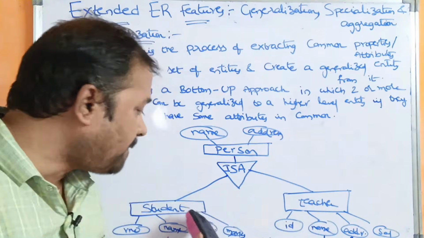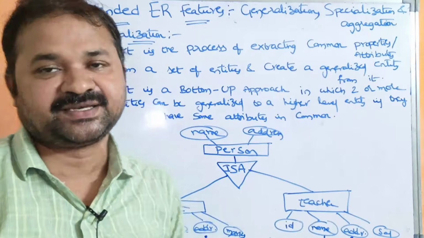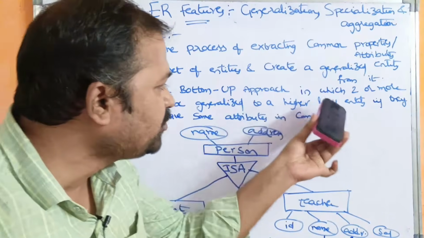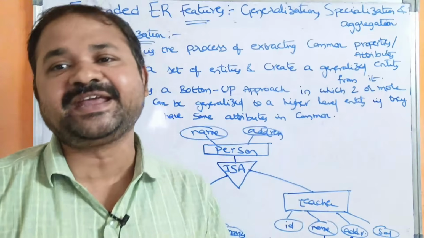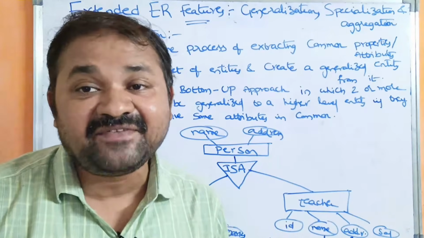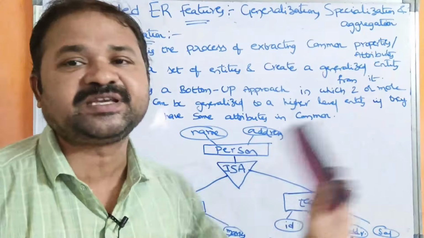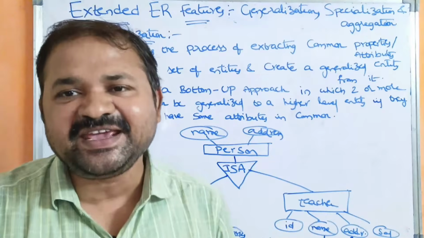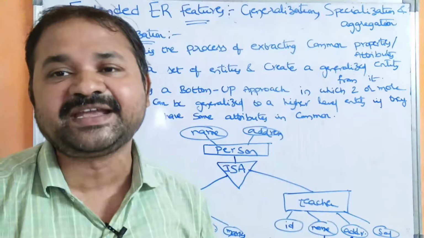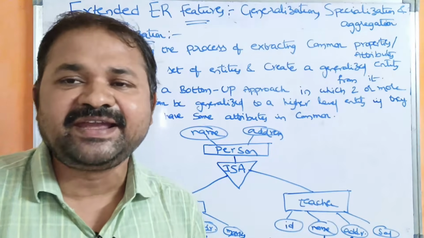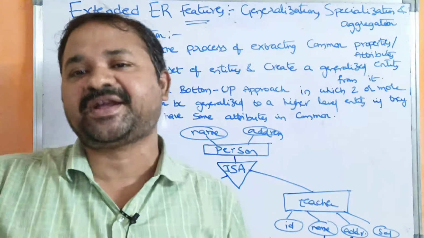Here we can combine two or more entities to a higher level entity if they have some attributes in common. So we can create a higher level entity if lower level entities have some common attributes.